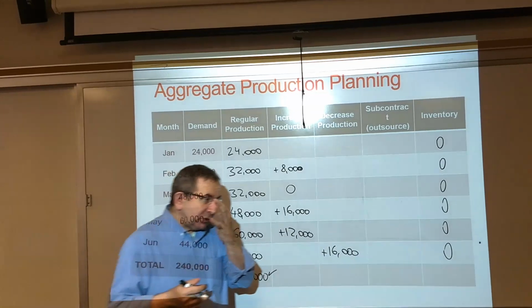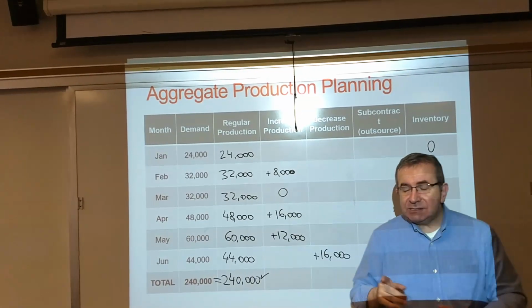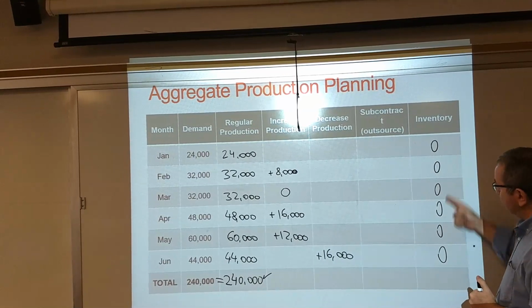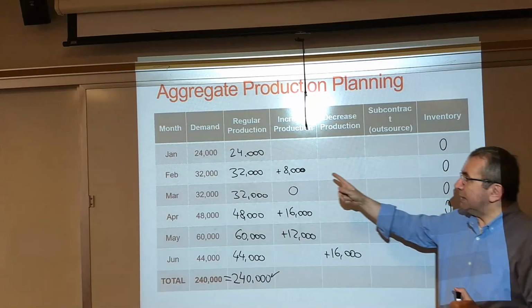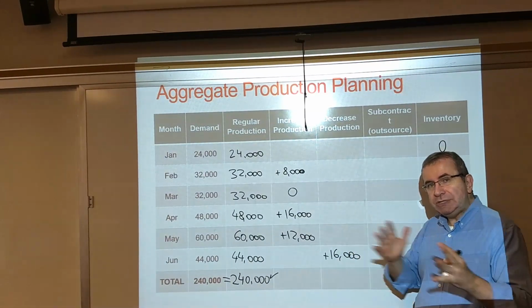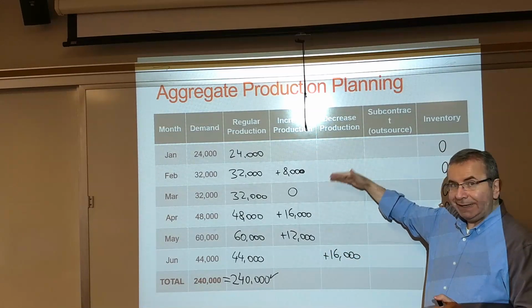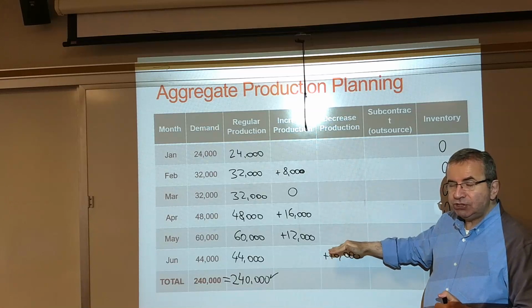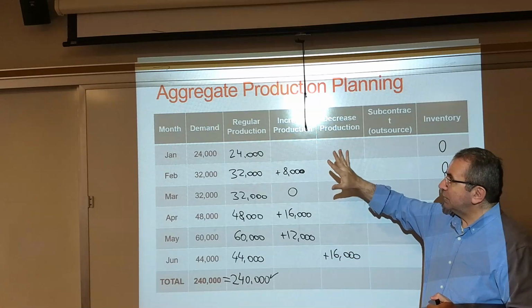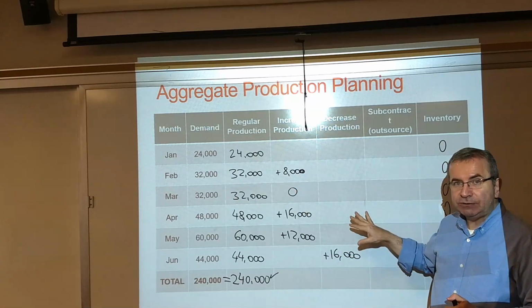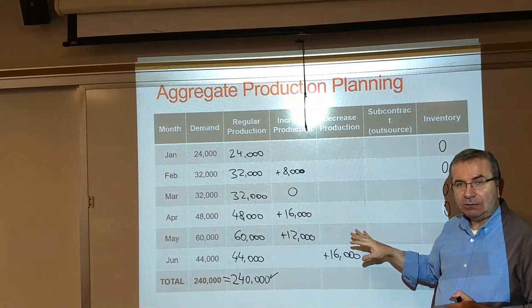So again, the advantage is you have zero inventories. However, you need to increase or decrease capacity all the time. Every month demand will change, every month production will also change, and every month you need to either increase capacity or decrease capacity.